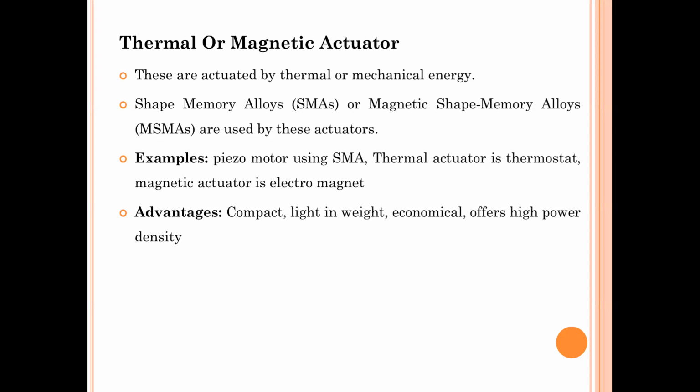An example of a magnetic actuator is the piezo motor, and a thermal actuator is the thermostat. For a magnetic actuator, you can take the electromagnet as an example. Some advantages of the magnetic actuator are that it is compact, light in weight, economical, and offers high power density.